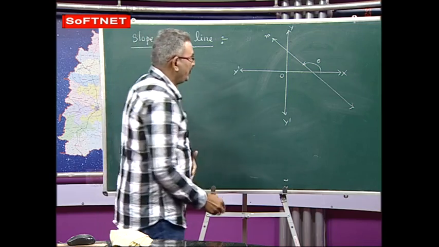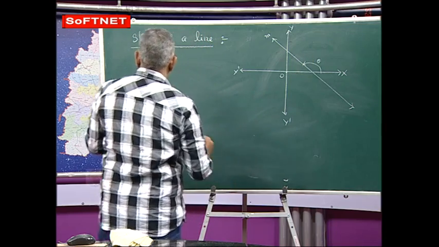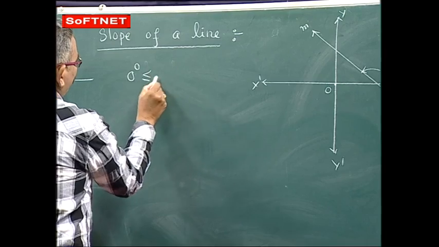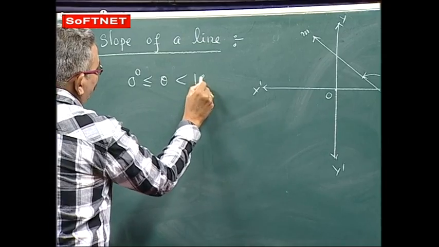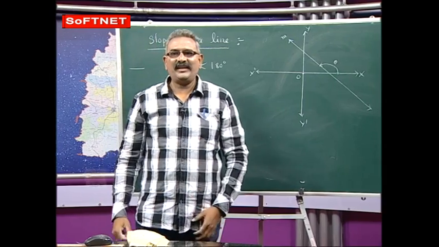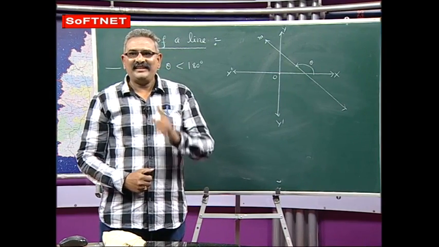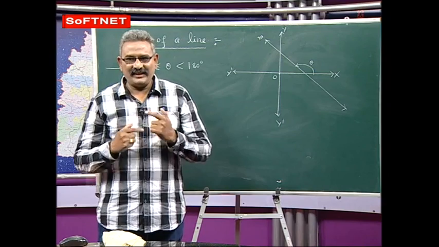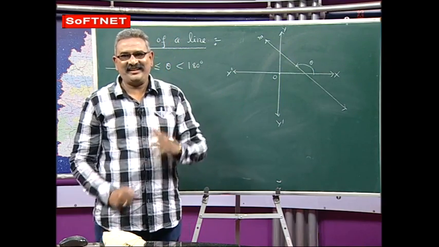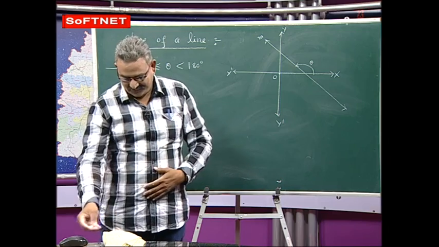So the range of theta is written like this: 0 degrees less than or equal to theta, theta less than 180 degrees. That's why we conclude that theta always lies either in first quadrant or second quadrant only. You remember that concept.